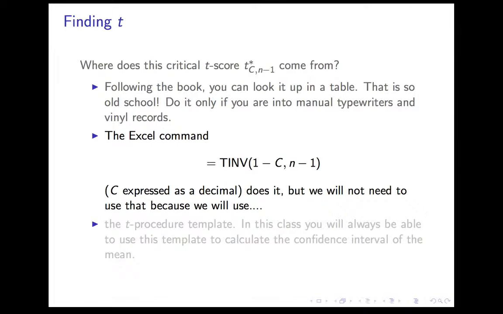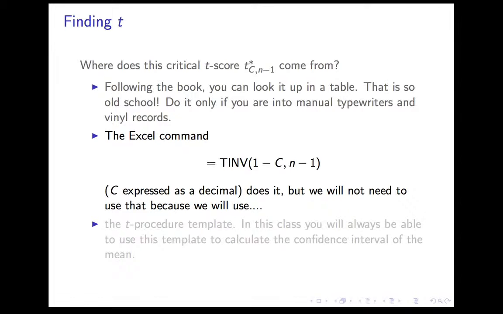One should be the confidence level, but just to keep you on your toes, Excel wants you to put in 1 minus the confidence level. So if you want a 95% confidence interval, you have to put in 0.05. If you want a 99%, you put in 0.01. And then the second thing you give it is the degrees of freedom. So if your sample size is 100, you put in 99. If your sample size is 7, you put in 6.